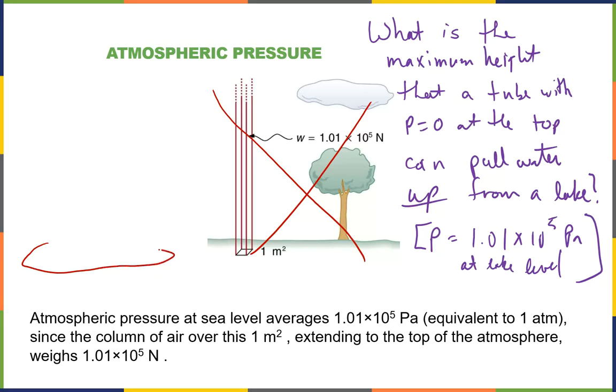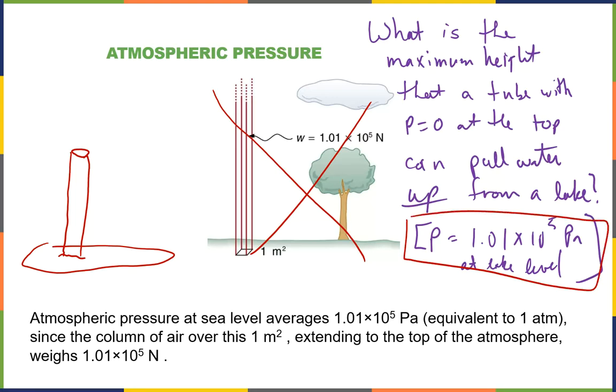We have a lake. We have a tube. So we know that there's no pressure in the tube at the top. So whatever pressure is here is going to travel up. And we know that the pressure there is this value here.